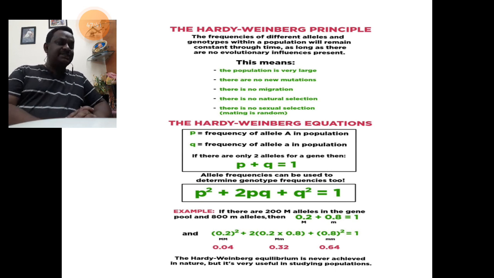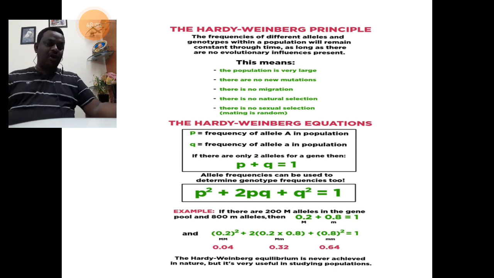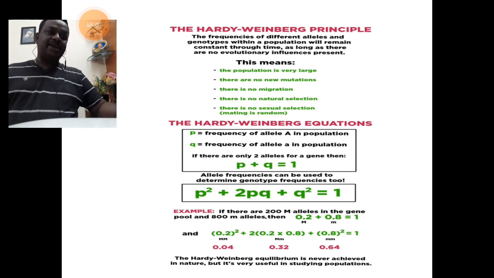Here is a slide to understand the Hardy-Weinberg principle again. The sum total of allelic and genotypic frequencies of a random mating population remains constant if there is no influence of evolutionary forces, as we have discussed just now. Conditions here are the population should be large, and there should be no mutation, no migration, no natural selection, no selection of sexes and no genetic drift. Small p is the frequency of the dominant allele, small q is the frequency of the recessive allele.